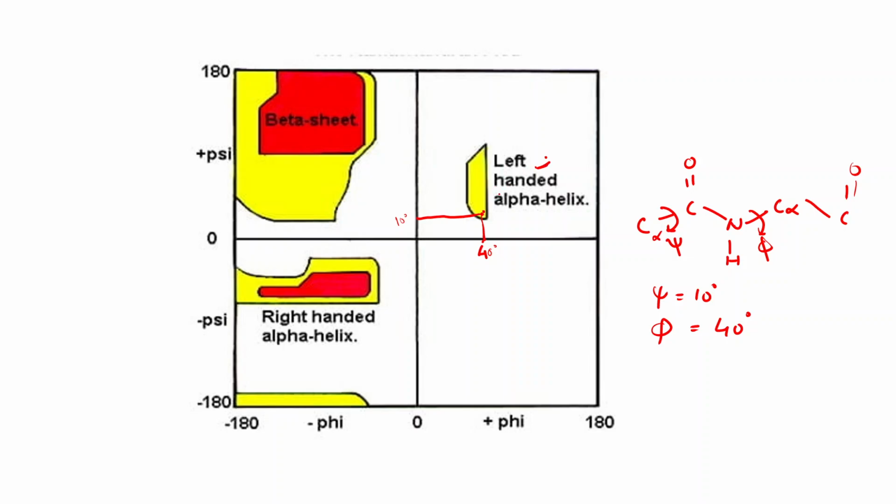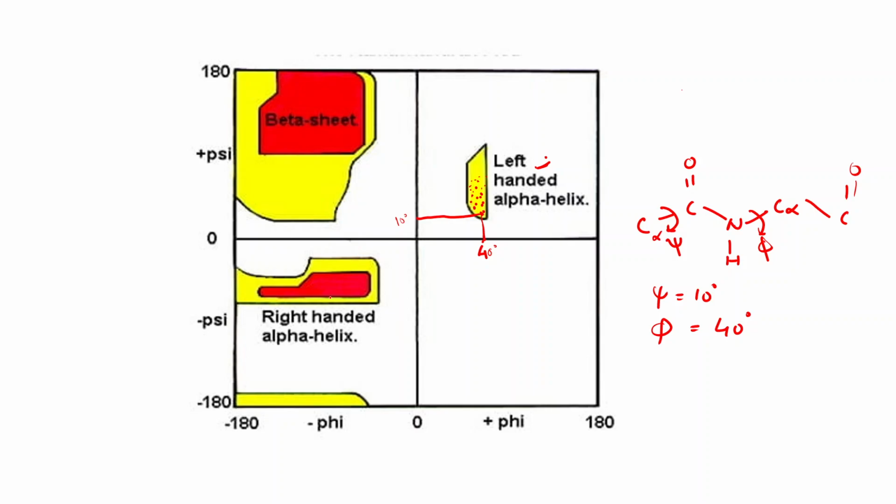Okay, so like that, if I plot each of the phi psi angles for a protein and get all the points concentrated in this region, I will say this particular peptide chain is likely to form a left-handed alpha helix.